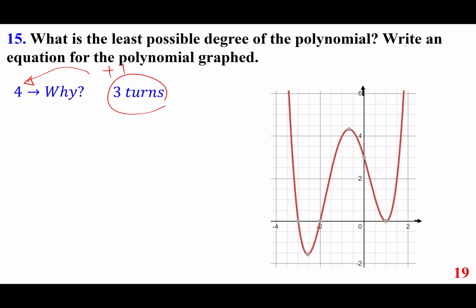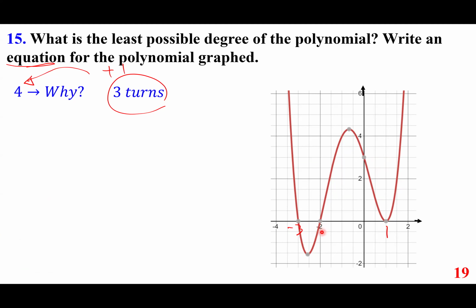Now, we want to write an equation for that. Well, we can write y or f of x equals some number times this one, minus 3, that means x plus 3.